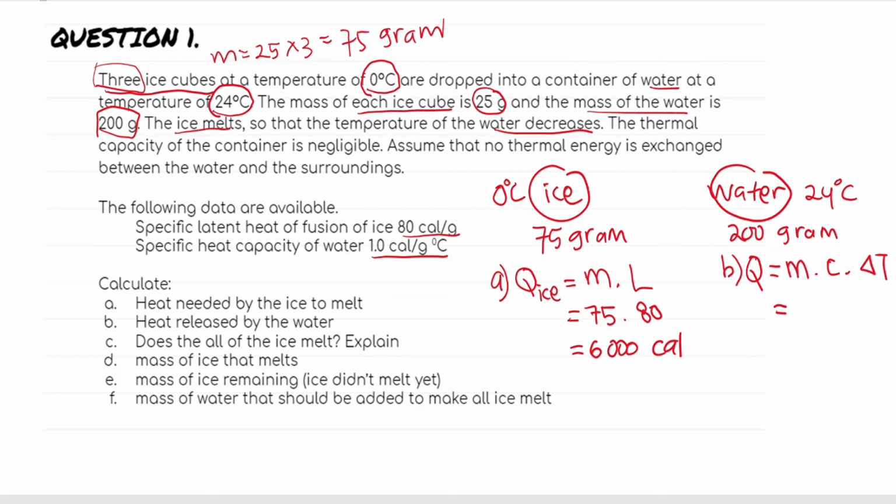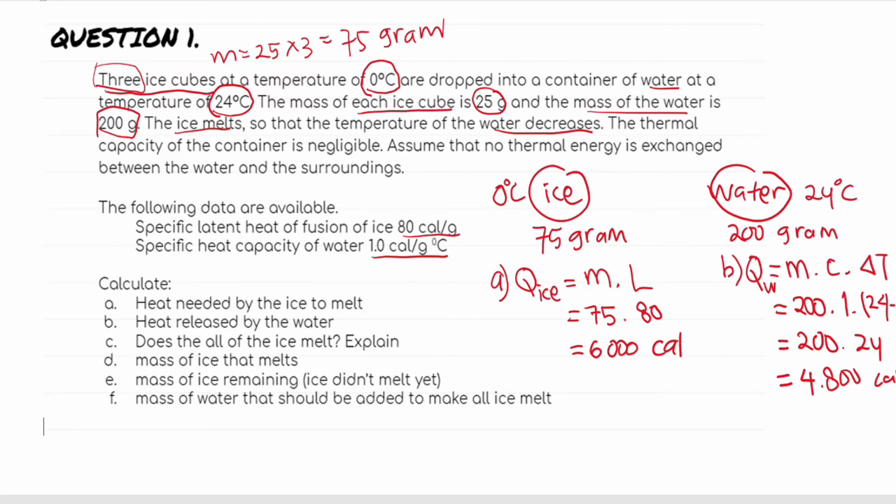The mass of the water is 200 and C is 1, and the temperature difference is 24 minus 0. So it will be 200 times 24, so the result is 4,800 calories. So this is the heat for the water.